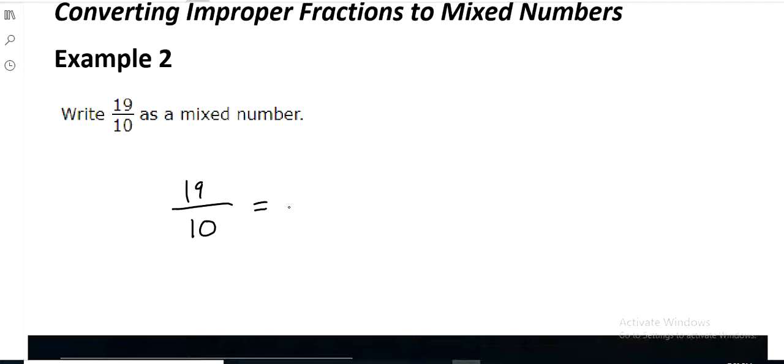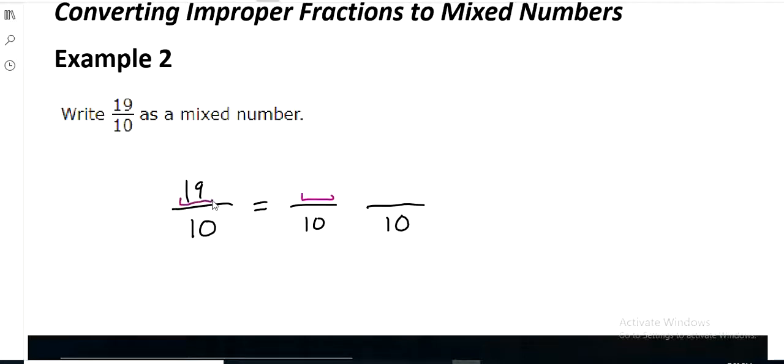From here, I'm going to put 2 fraction bars. We're going to keep a denominator of 10. For the first numerator, we have to do a little bit of thinking. We have to say, okay, how many times can the denominator fit completely into the numerator?